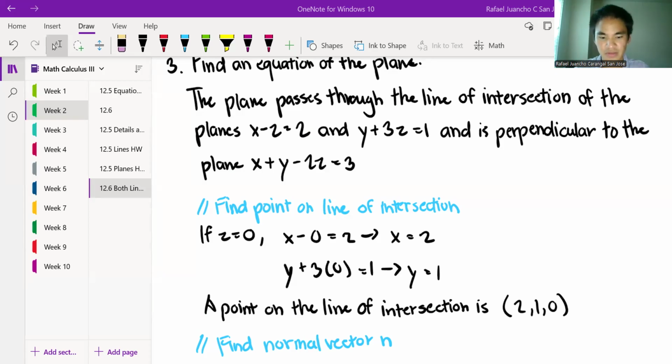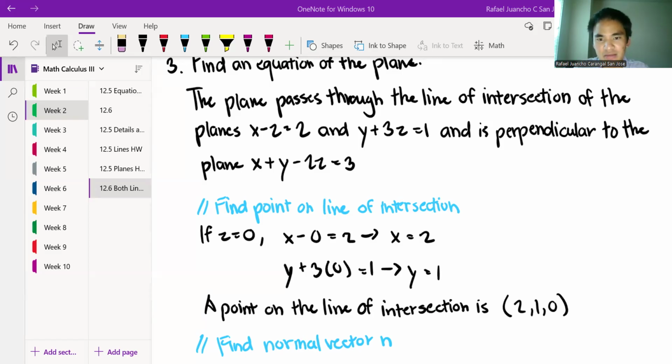Normal vector and the point x naught, y naught, z naught. Point normal form.